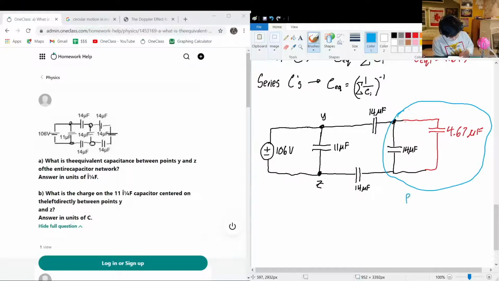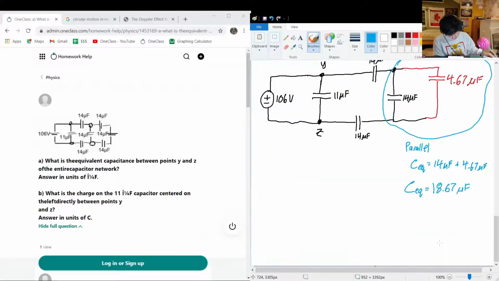This will be parallel. CEQ is just going to be 14 microfarads plus 4.67 microfarads. Equivalent parallel capacitors are nice and easy, so this will just be 18.67 microfarads.